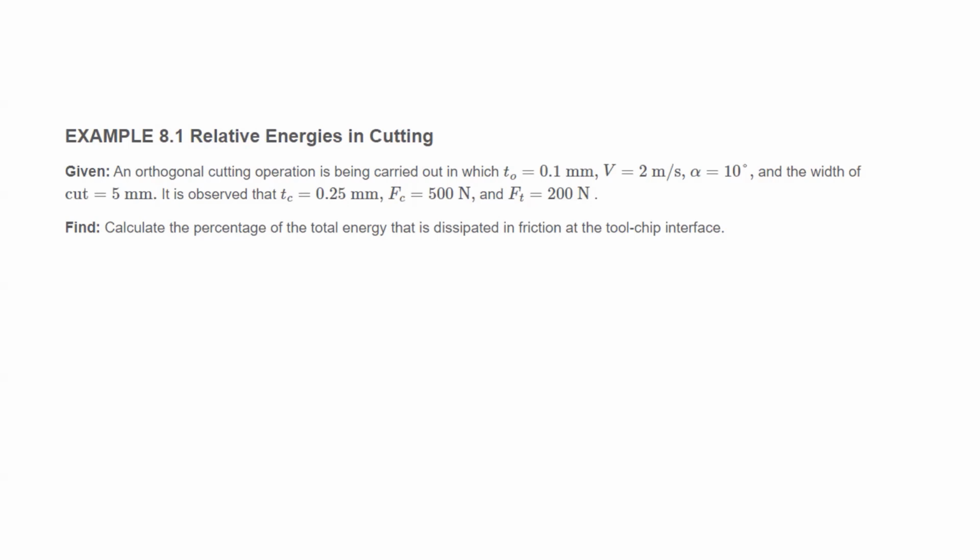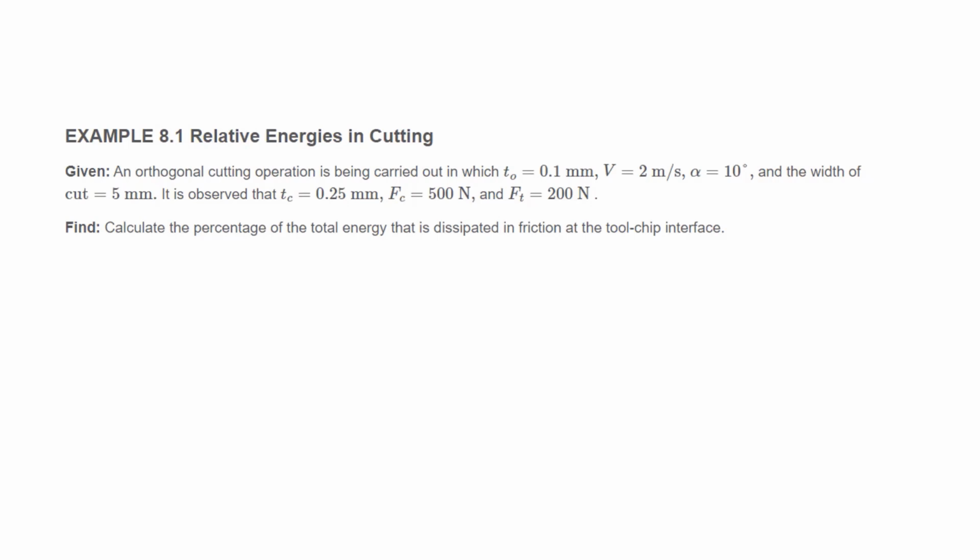So that's the reason: T0, the uncut chip thickness, multiplied by your V, equals TC, the chip thickness, multiplied by your VC.